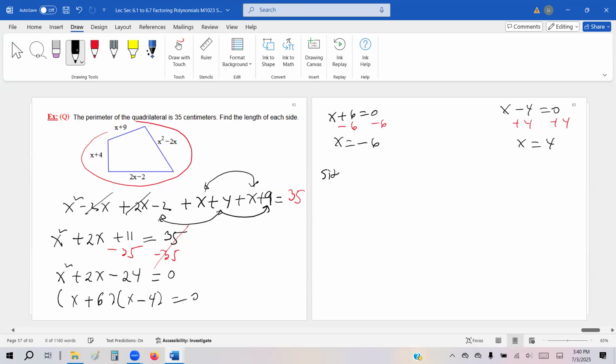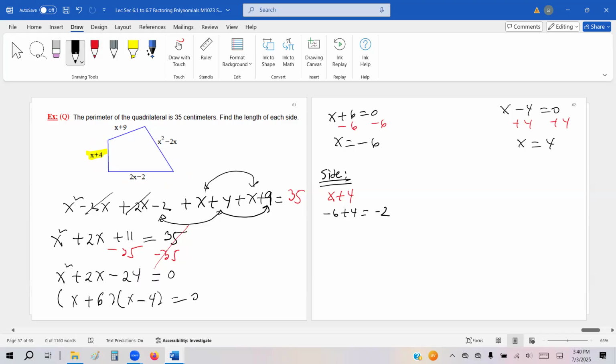Now let's see each side. Side number 1. Let's start with the smallest one, x plus 4. How much is this when our x is negative 6? Negative 6 plus 4 gives negative 2, right?